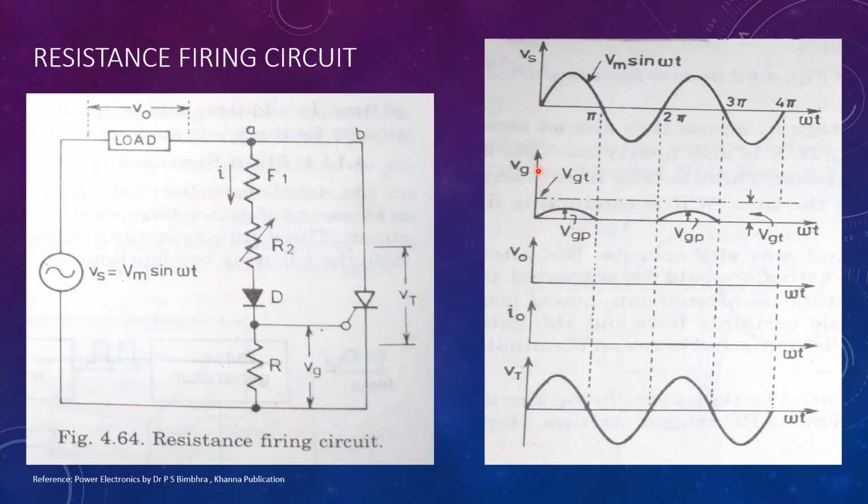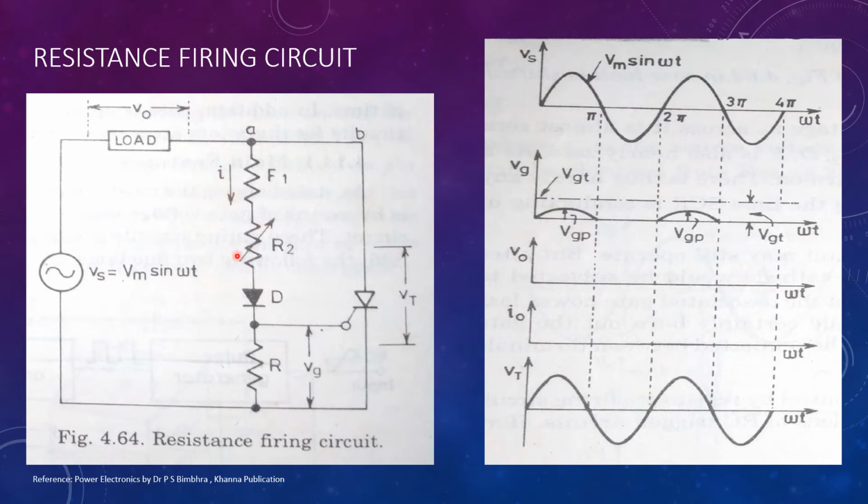The second is the gate voltage Vg. Resistance R2 is variable, and this resistance R2 determines the voltage that appears across resistance R, that is the gate voltage. If the value of R2 is very high, the current I is very small.